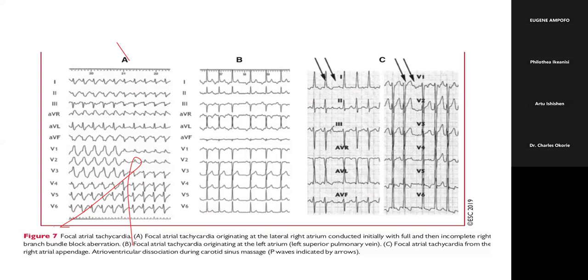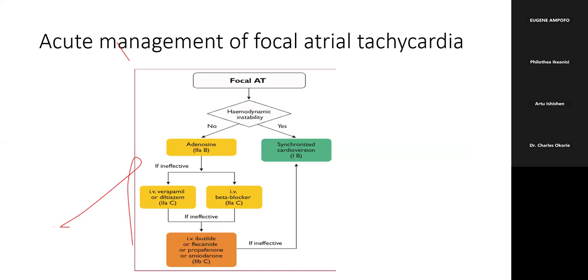Then the next slide will tell us about the acute management of focal atrial tachycardia. Still based on the ESC guideline, the first consideration is the hemodynamic stability of the patient. In unstable patients, the guideline is always to move straight to synchronized cardioversion, which is a level 1B recommendation.